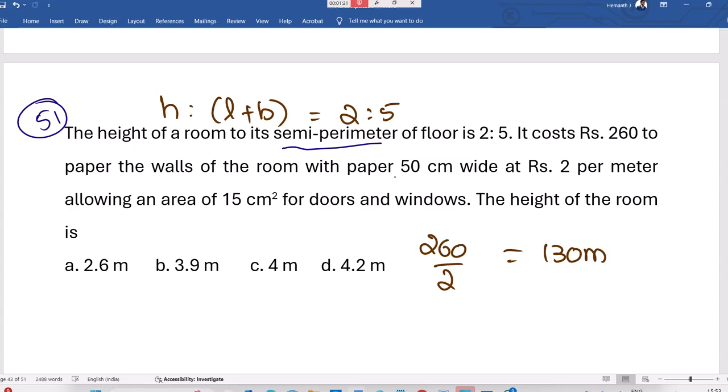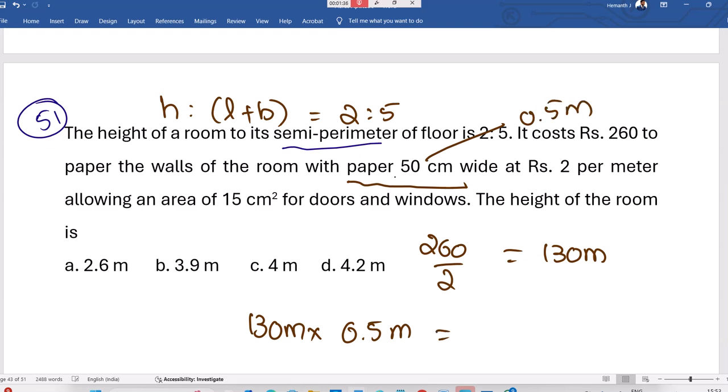Each paper is 50 centimeters, which can be written as 0.5 meters. So 130 into 0.5 is 65 meters square. 65 meters square is the area of paper used.